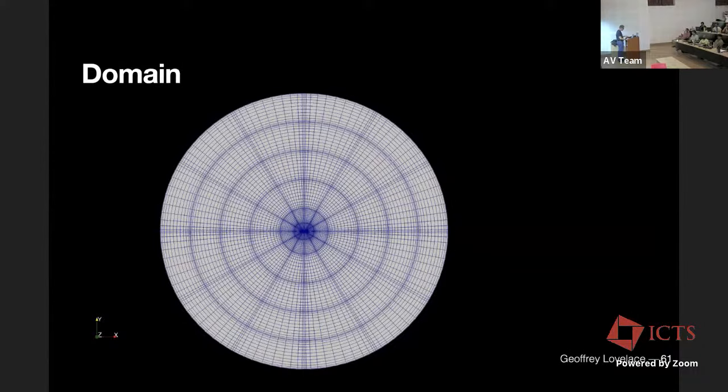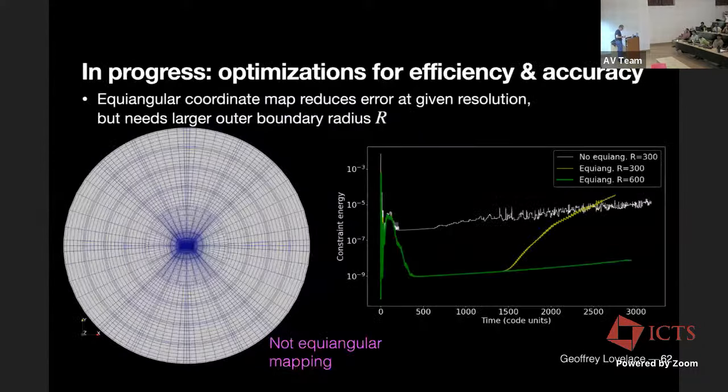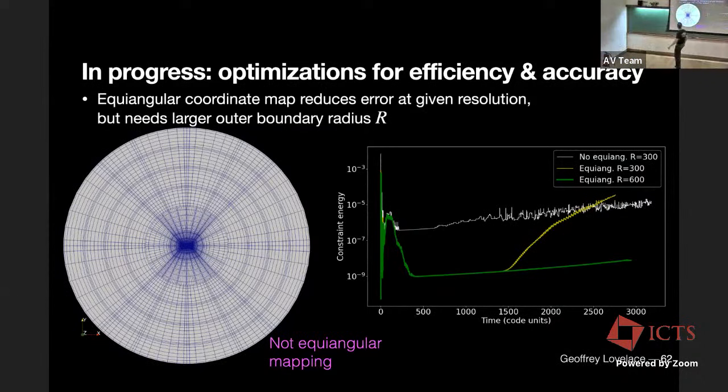I can show you some differences that choosing the grids makes. So here's a plot that shows constraints. I'll say something about the yellow and green curves in a second, but this white curve lays out the cubes like this.